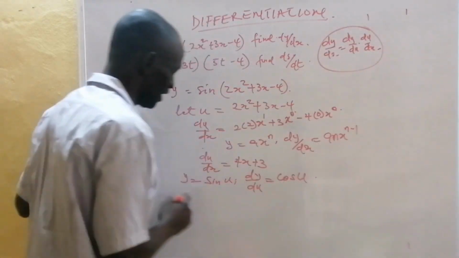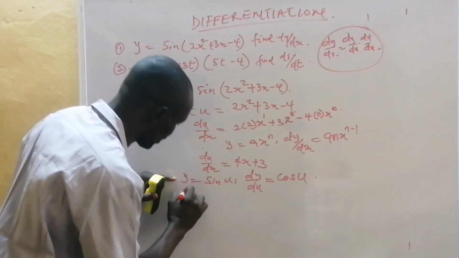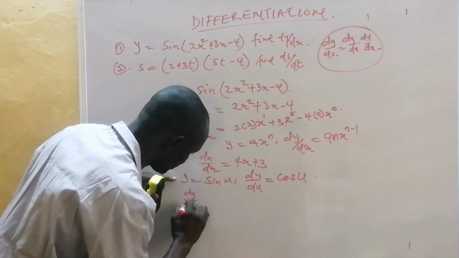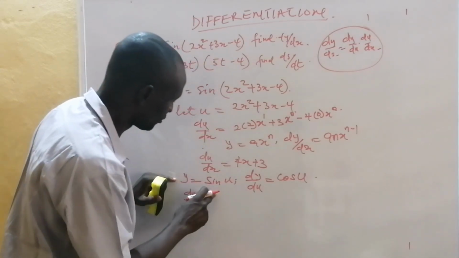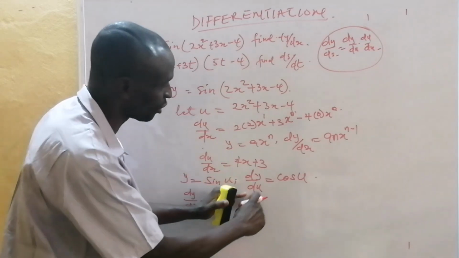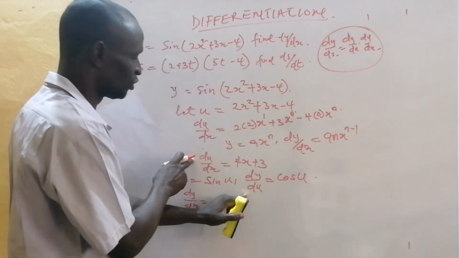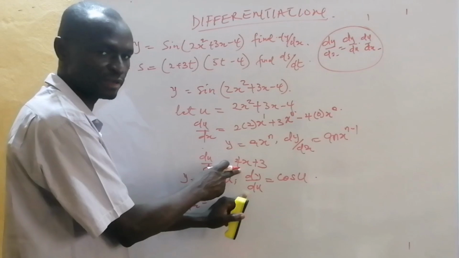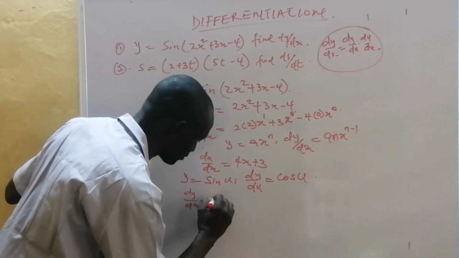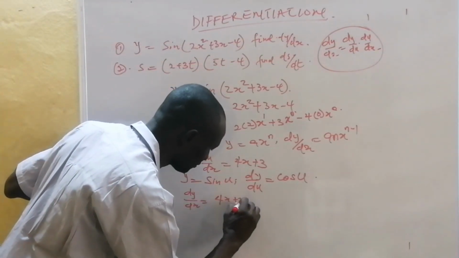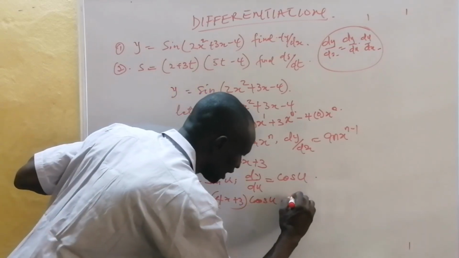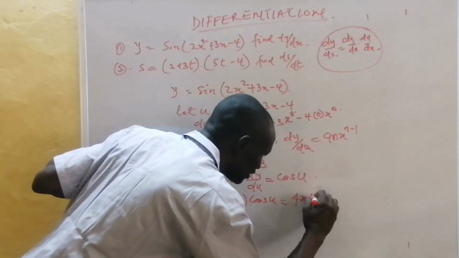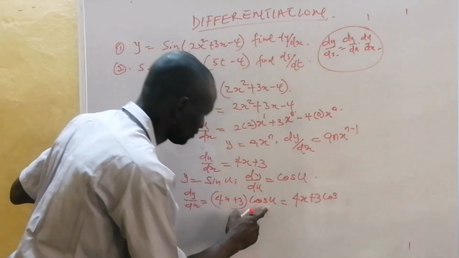Applying this principle here, dy/dx now becomes dy/du, that's cos u, times du/dx, that's 4x plus 3. So that becomes 4x plus 3 times cos u.